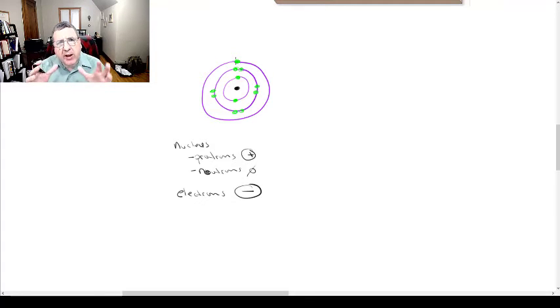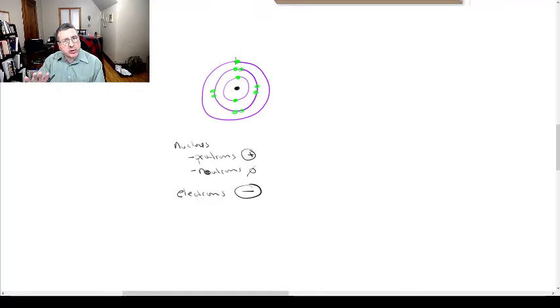Now, if we change the number of electrons, then we are no longer electrically neutral. So the two concepts we want are, first, the atom is electrically neutral when the electrons and protons are equal in number. Okay? The second principle is that the atom wants to be stable.